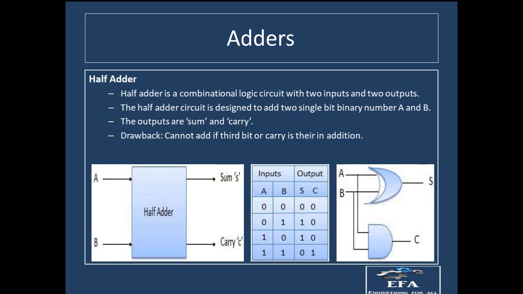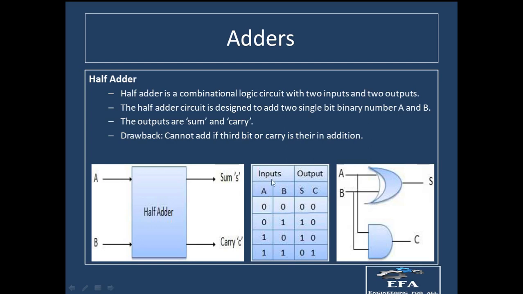So what is the half adder? A half adder is a combinational logic circuit with two inputs and two outputs, and it is responsible for adding only single bit numbers. Suppose we have two numbers, let us say a and b. There is a table over here, and I will explain with the help of this truth table.